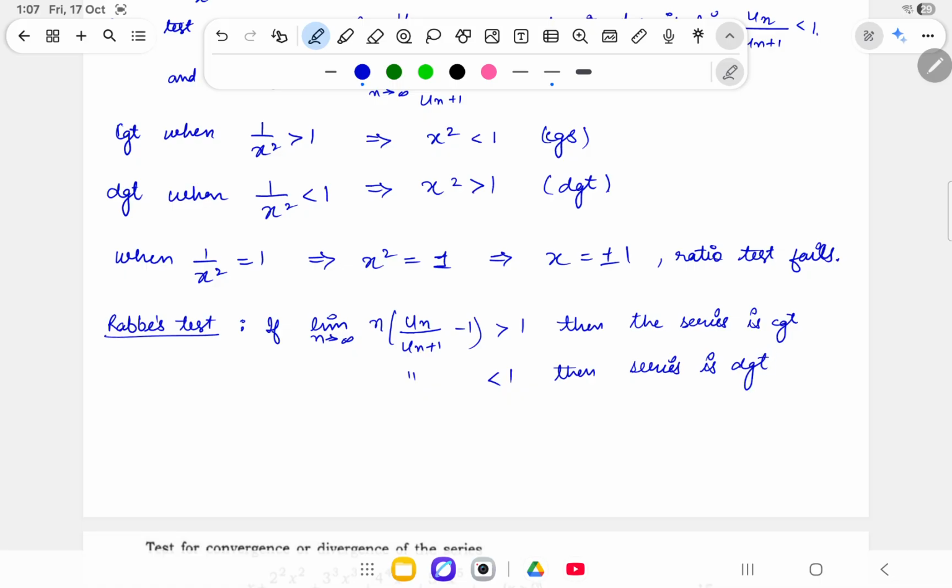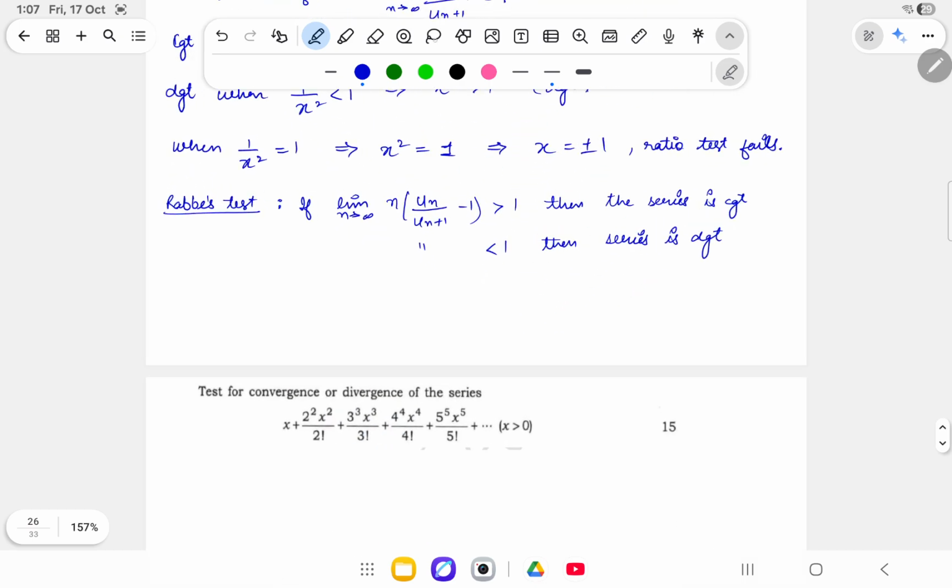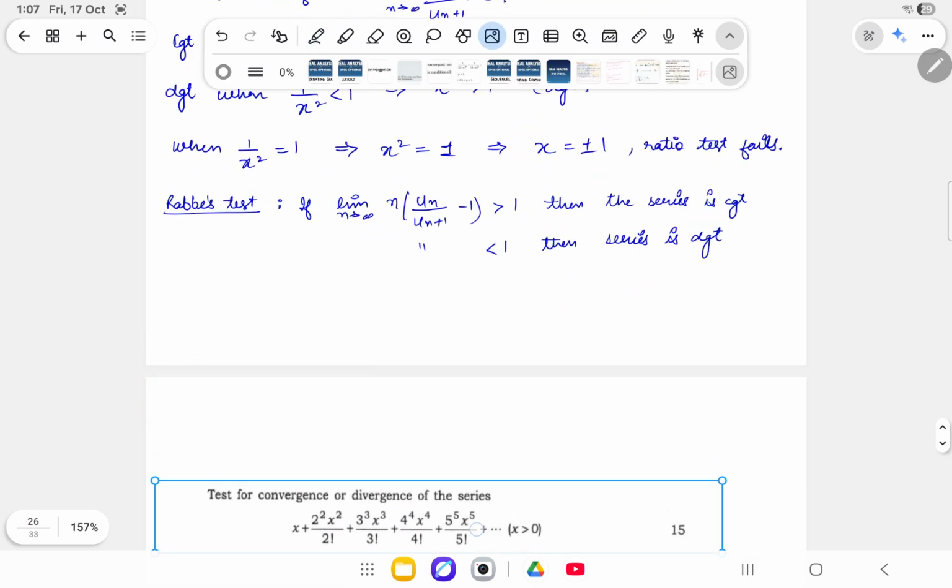If this limit turns out to be 1, then this test also fails. So now let's calculate the value for our series.